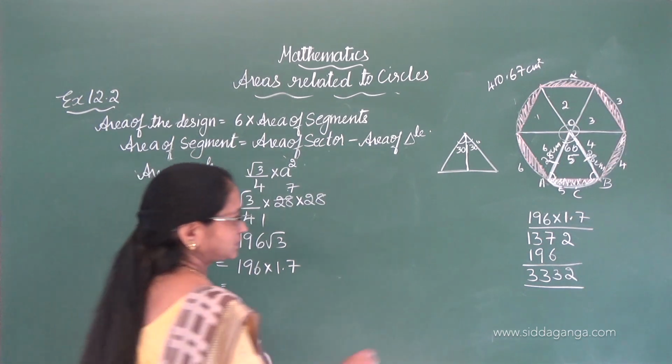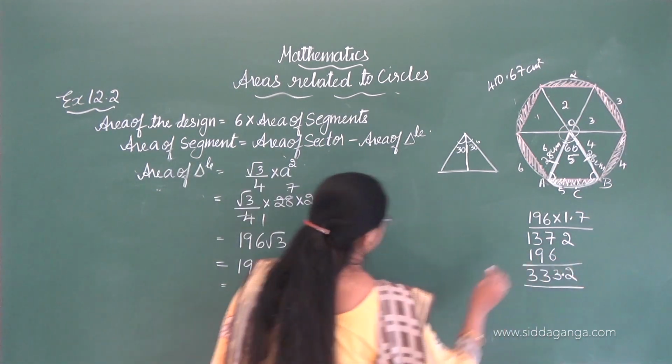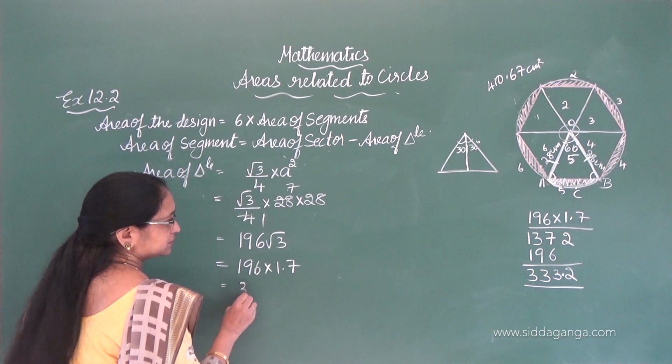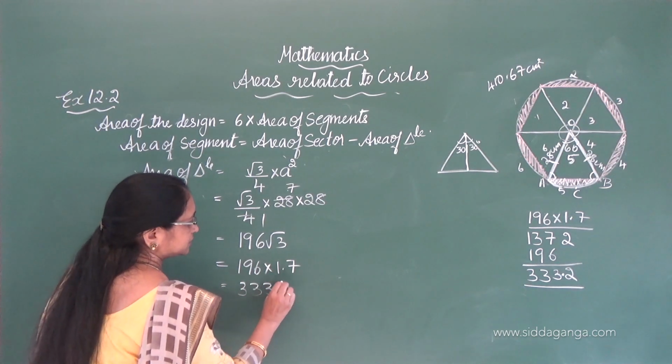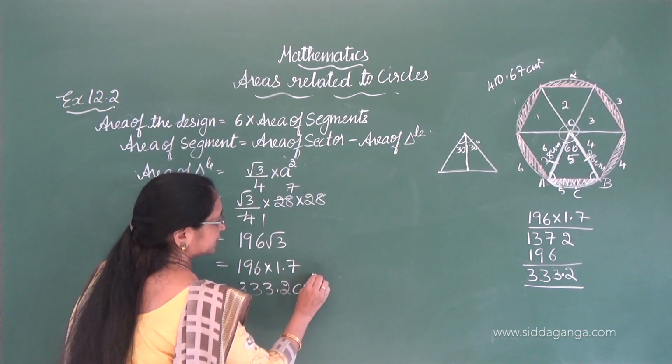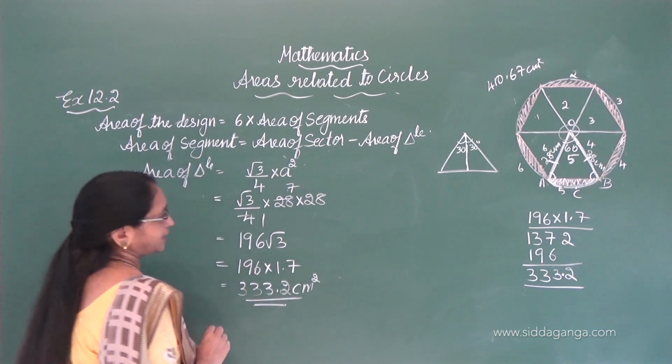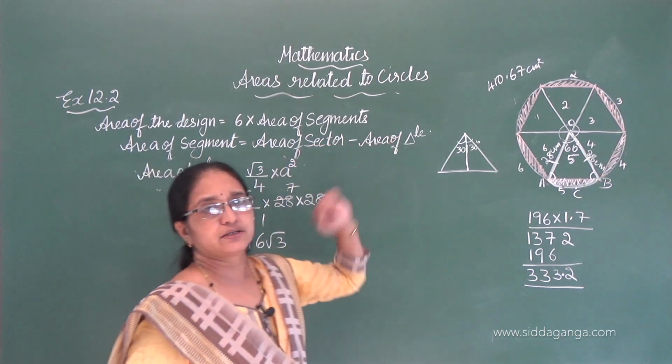Okay, now the decimal point you have to put here. So this will be 333.2 centimeter square. So this is the area of the triangle.